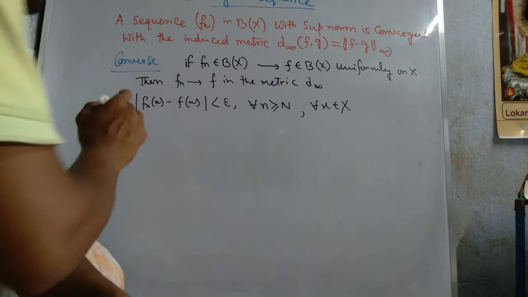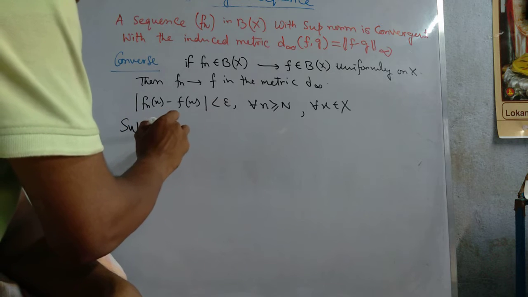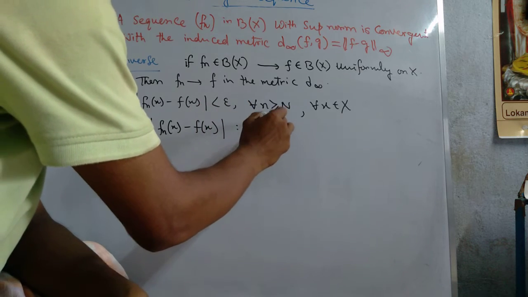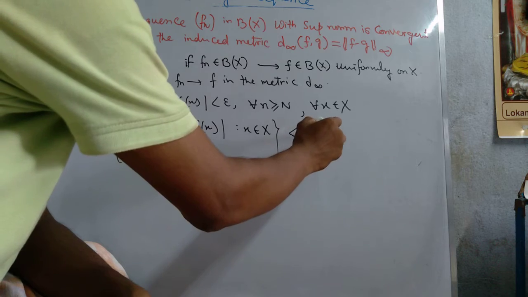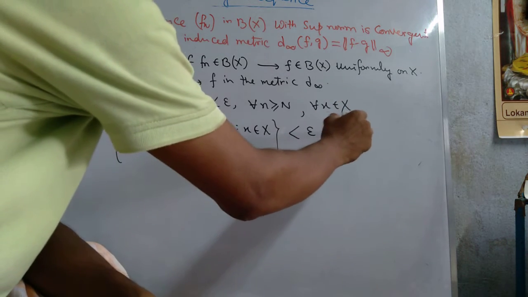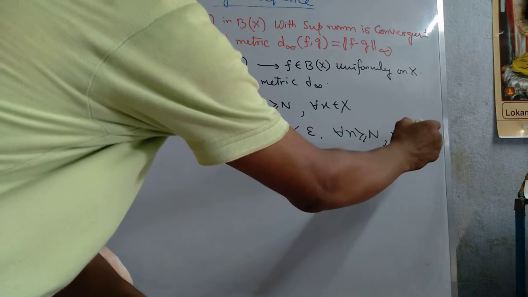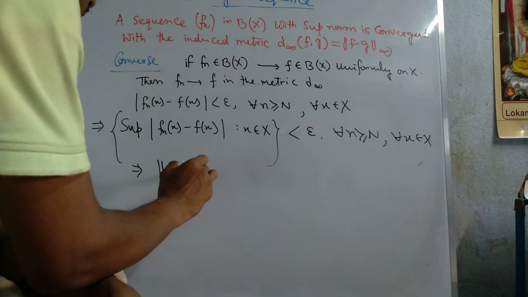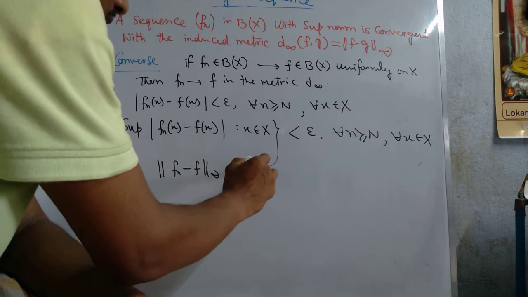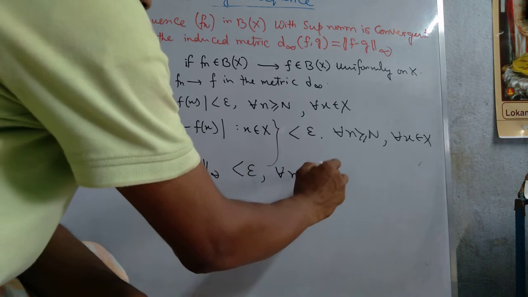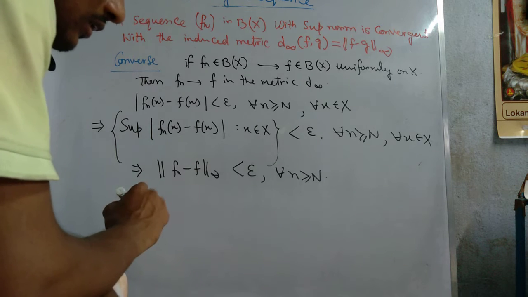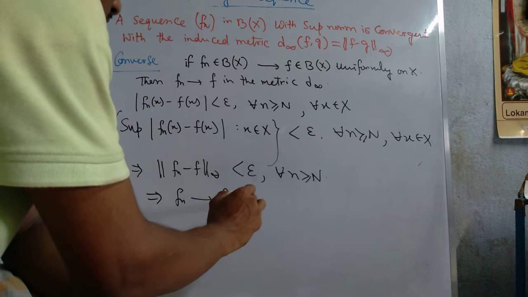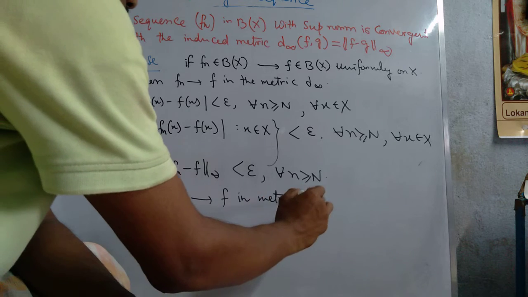we take the supremum of both sides: the supremum of |fn(x) minus f(x)|, such that x belongs to X, is obviously less than epsilon for all n greater than or equal to N. This implies that the norm of fn minus f, infinity, is less than epsilon for all n greater than or equal to N. Then this implies that fn tends to f in the metric d infinity.